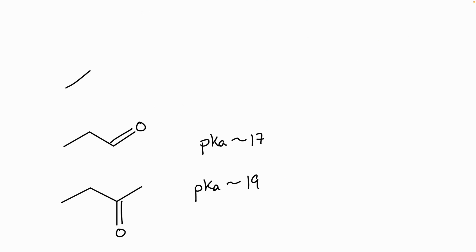I said on par with an alcohol. An alcohol has a pKa of around what? Does anybody remember? Around 16, which is the same as water. So that gives you an idea of where the baseline is.